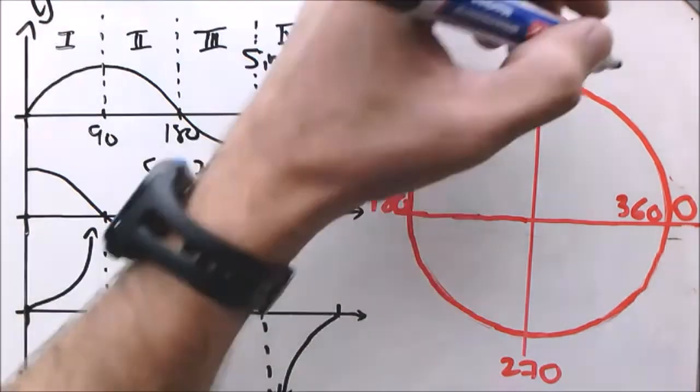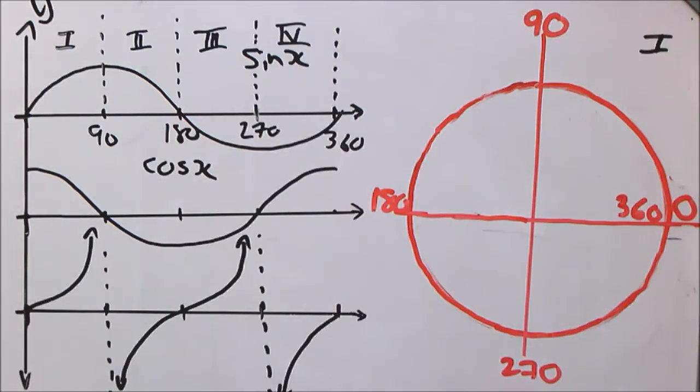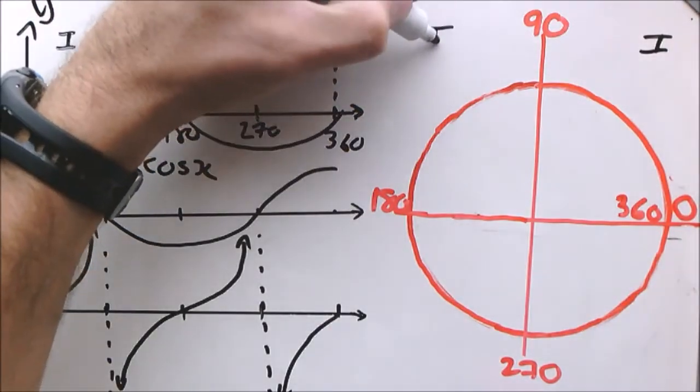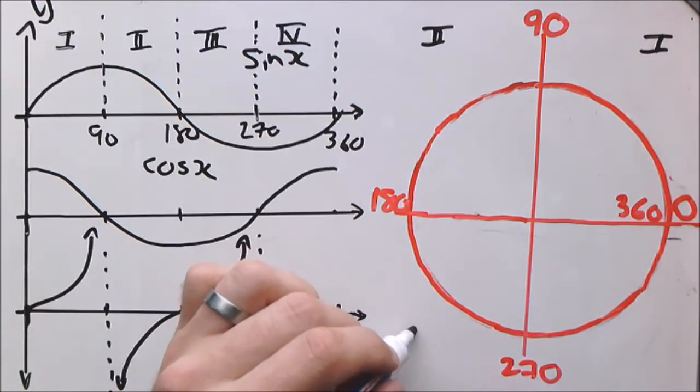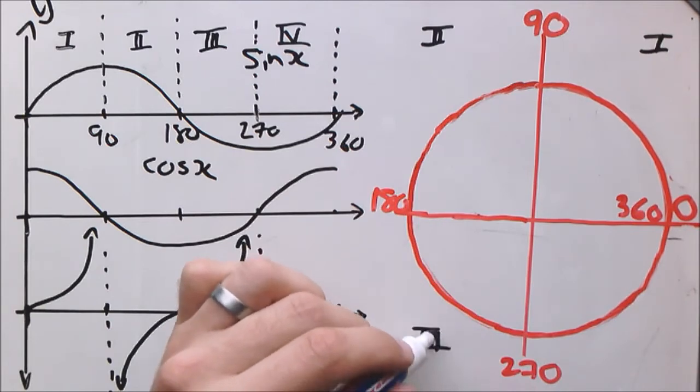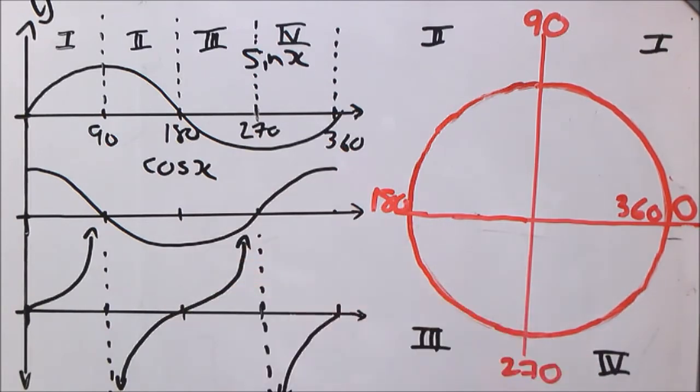Now the CAST diagram, you can see corresponding first, second, third, and fourth quadrants.